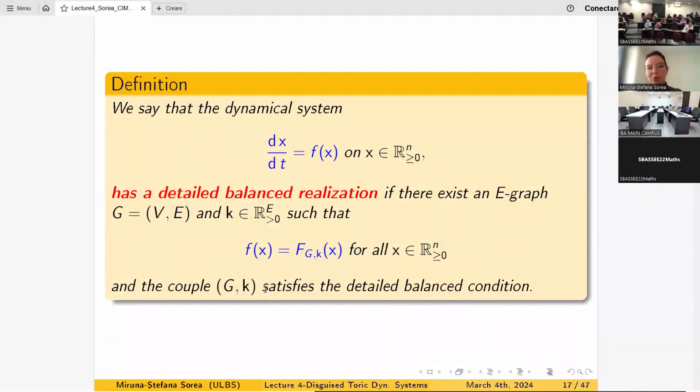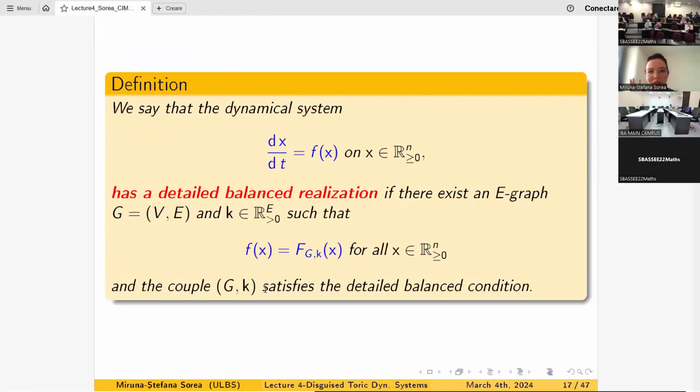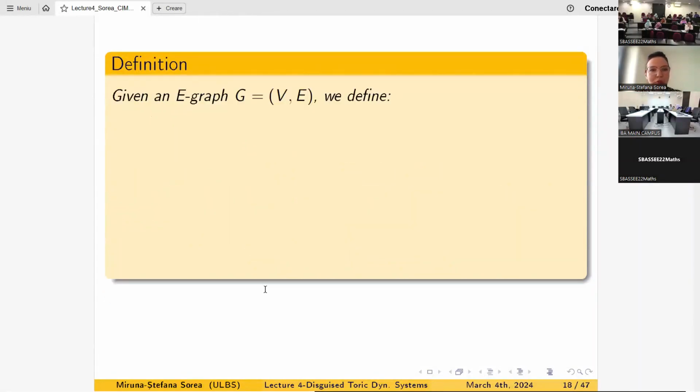So here we could also talk, if we want, about disguised detailed balanced systems. We didn't introduce that notation. It's just the same, just that now we talk about the detailed balance condition.